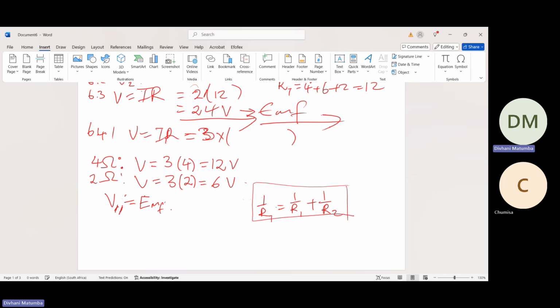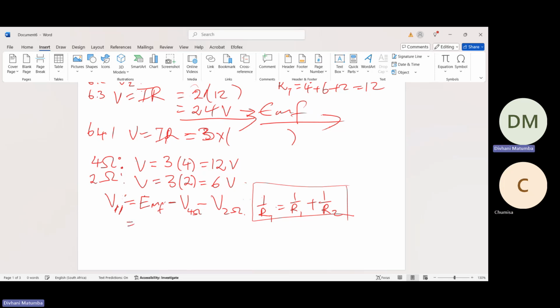So do you agree that the voltage on the parallel connection is given by the total EMF minus the voltage on the 4 ohm resistor minus the voltage on the 2 ohm resistor? Do you agree? Yes, sir.